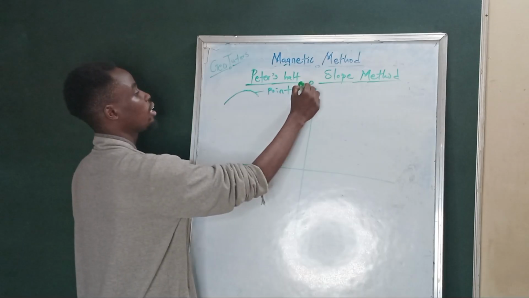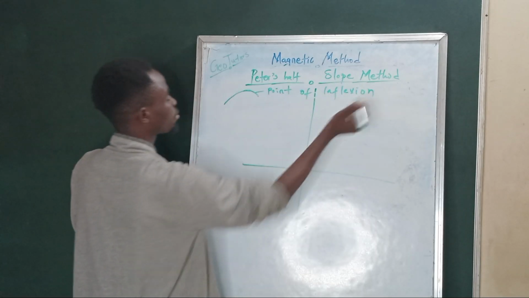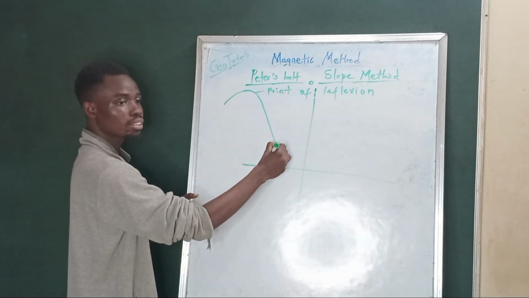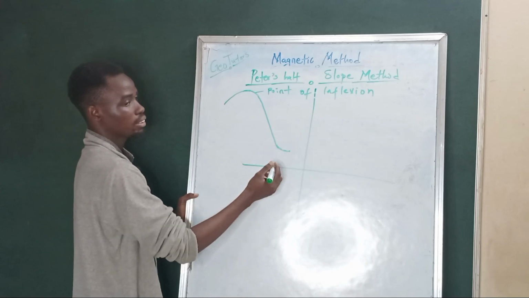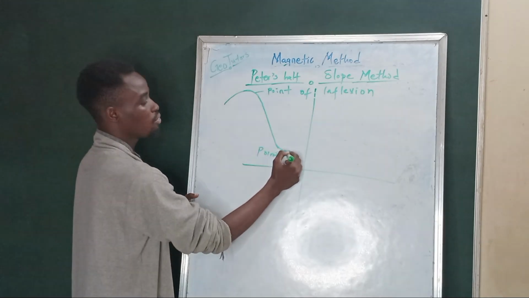The same way, if the graph continues to decrease and then turns to increase, this point is also called the point of inflection.